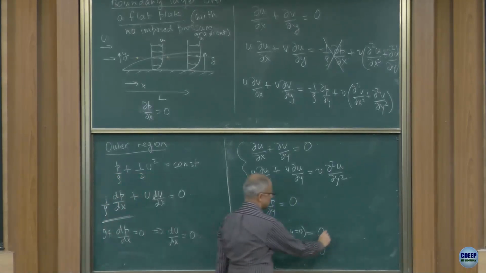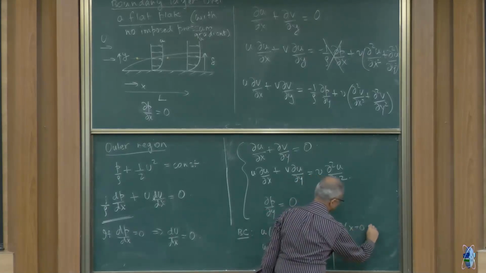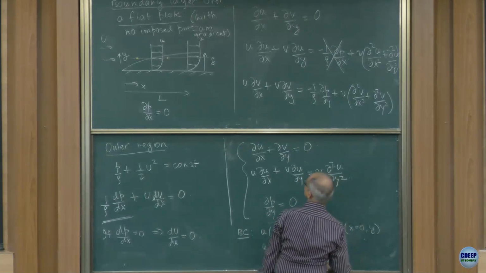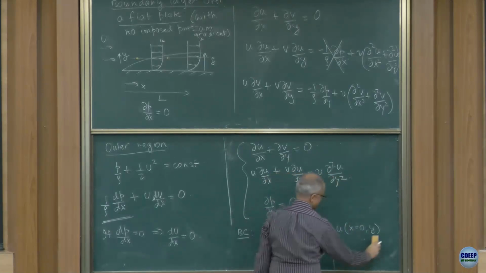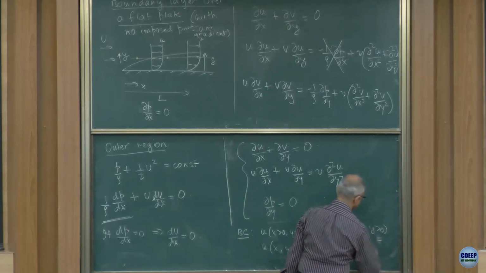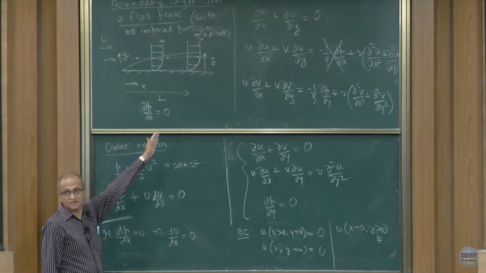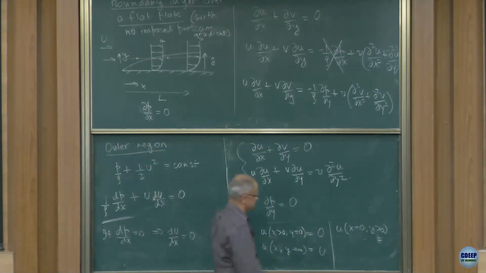Now u along the x direction, at x equal to 0, for all y greater than 0, x equal to 0 corresponds to this line here, and that is equal to capital U.